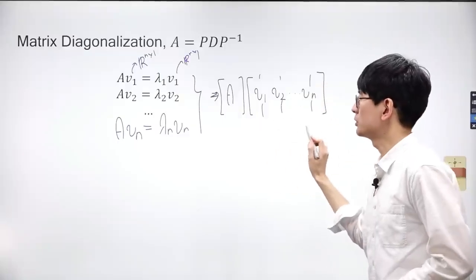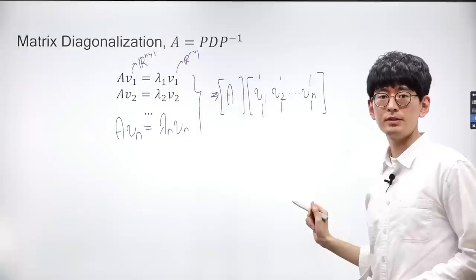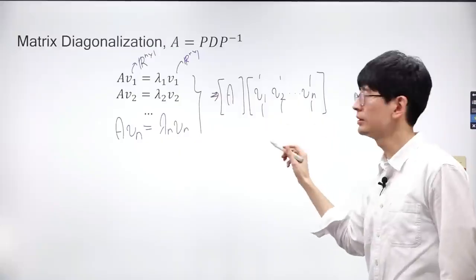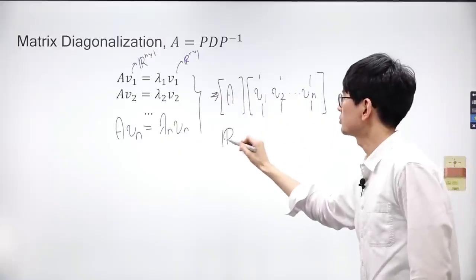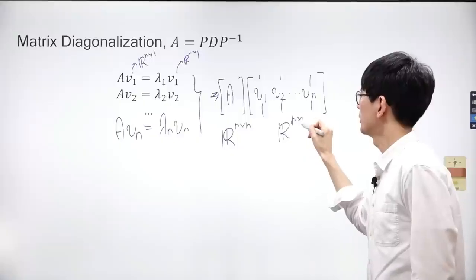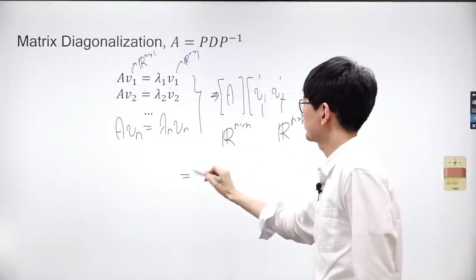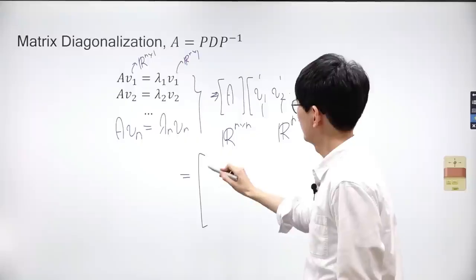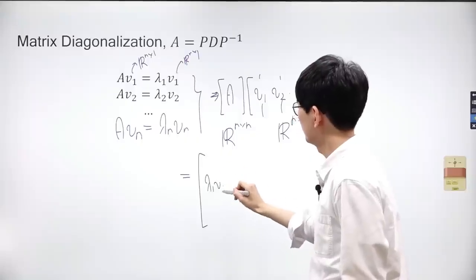Essentially, the second matrix forms a vector space with eigenvectors as its basis vectors. Both of these matrices are n by n matrices. The resulting matrix consists of n eigenvectors scaled by their corresponding eigenvalues.